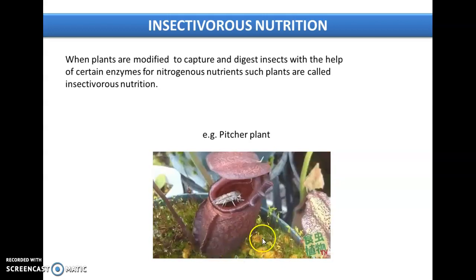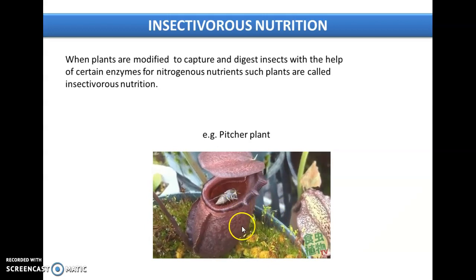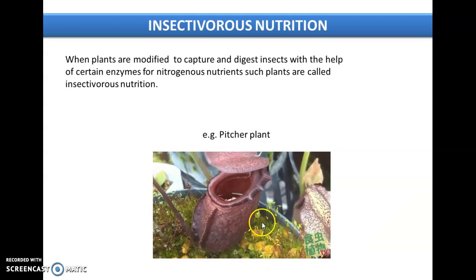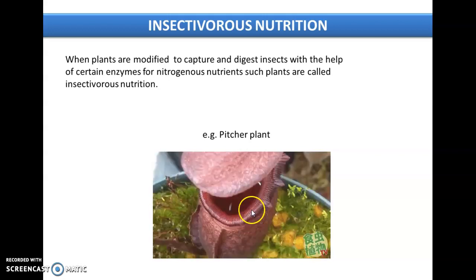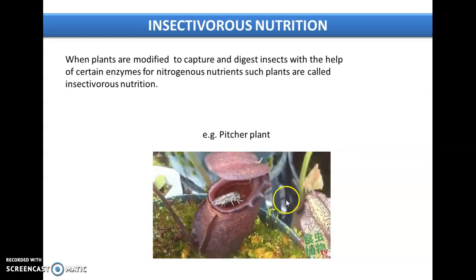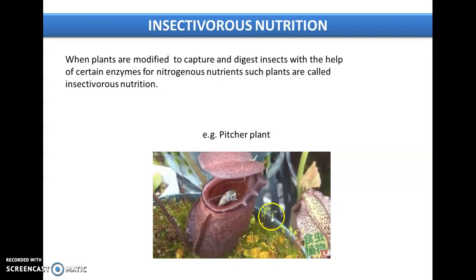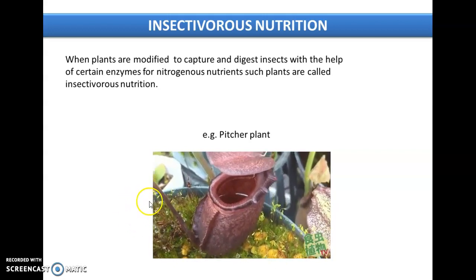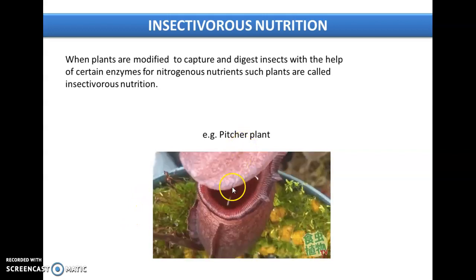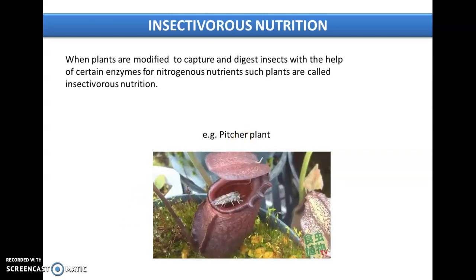The inside of the pitcher is lined with downward pointing hairs. These hairs do not allow the insect to climb back and escape. The fluid at the bottom of the pitcher contains digestive juices which digest the protein part of the insect. In that way, the pitcher plant gets its nutrition.